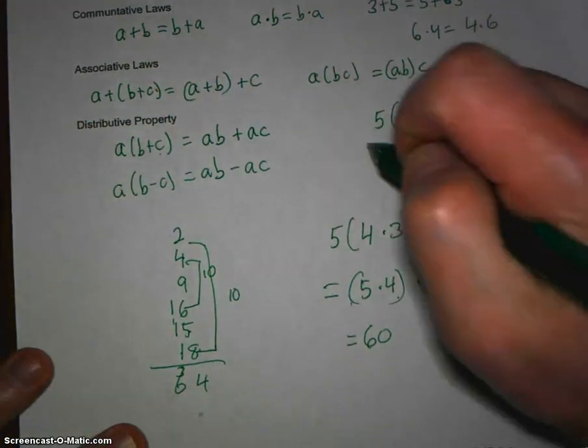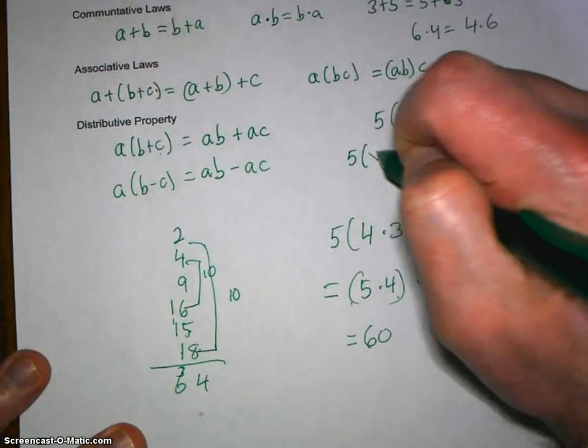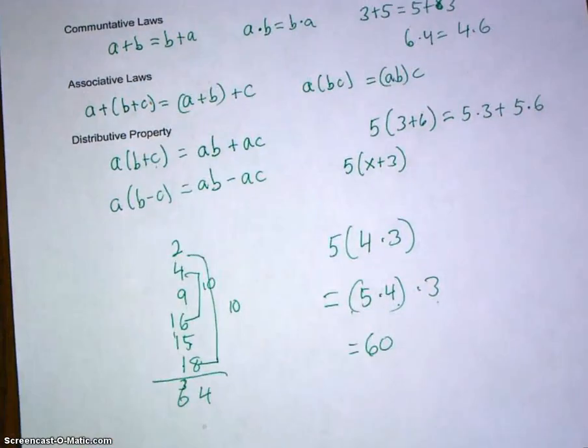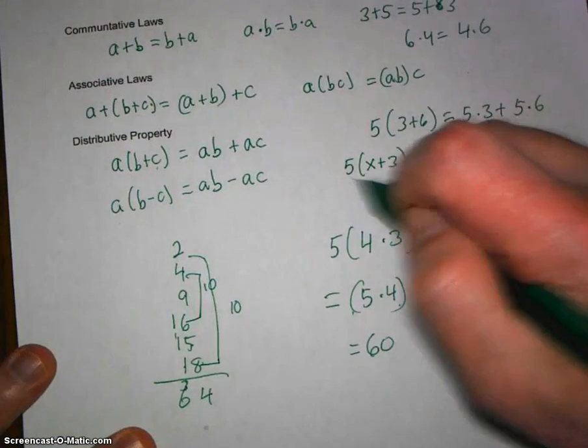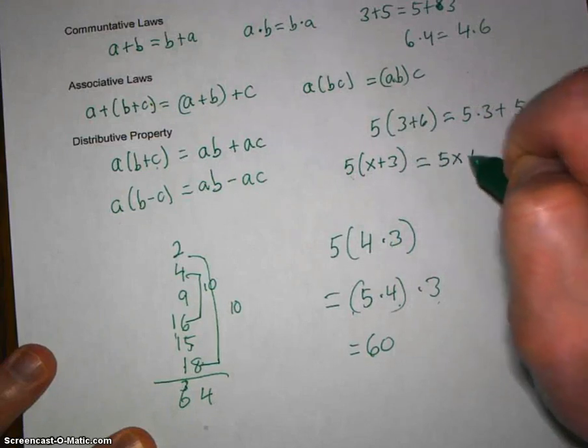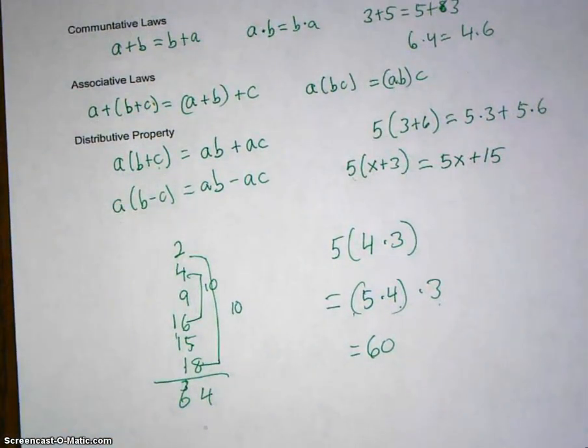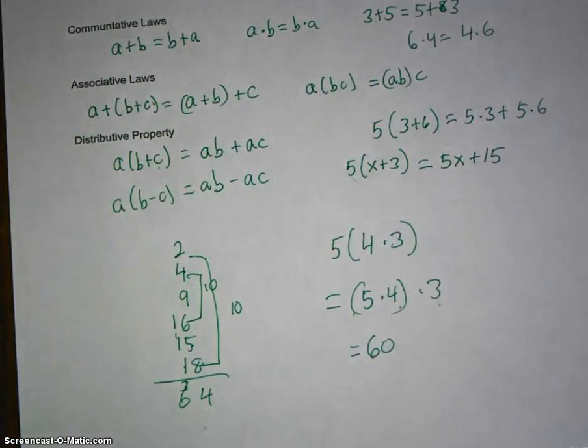This is one that comes into play when we deal with x's, when we're dealing with algebra. This allows us to distribute it through and write that's 5x plus 15. This is going to be a technique we will use to get rid of parentheses. That's really where the distributive property becomes important. All right, well that wraps up section 1.2 for today.